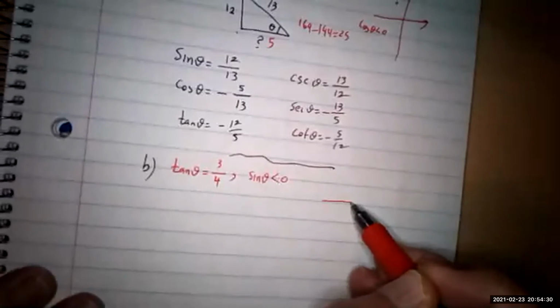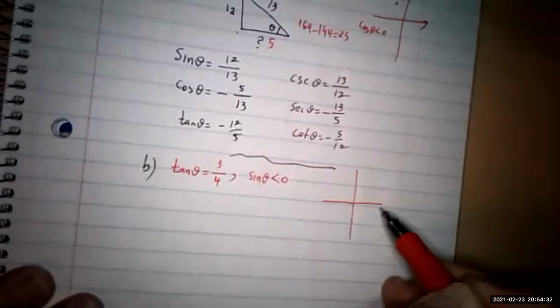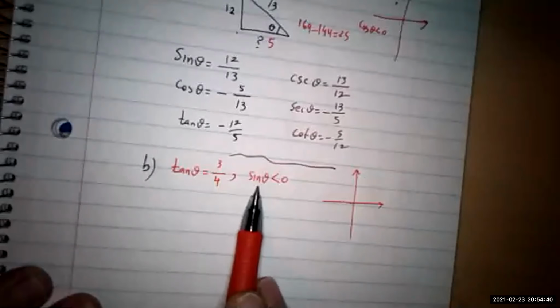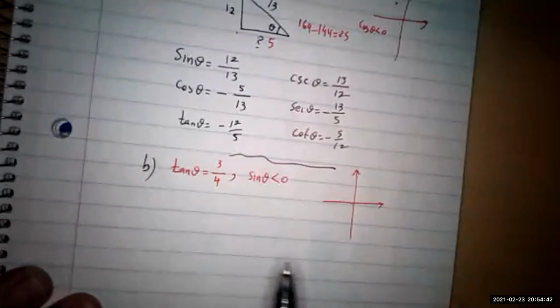You have to check which quadrant theta is in. Any suggestion? The sine is negative, tangent is positive. Where are you? In the third quadrant. Yes, that's right. Tangent is positive, sine is negative, so cosine must be negative too.